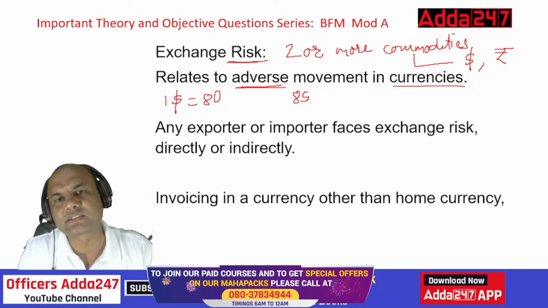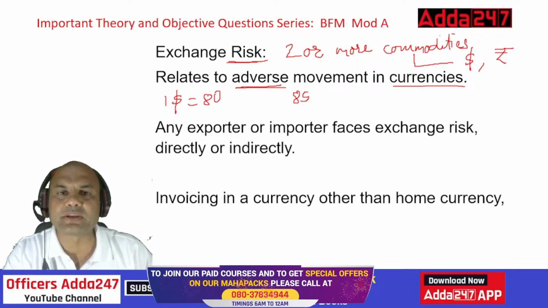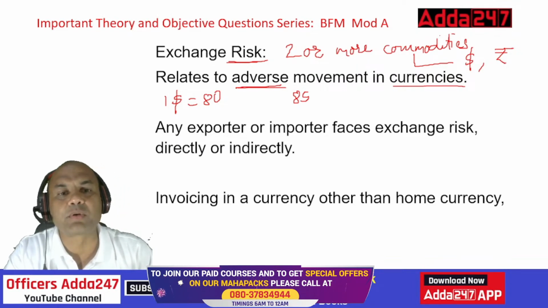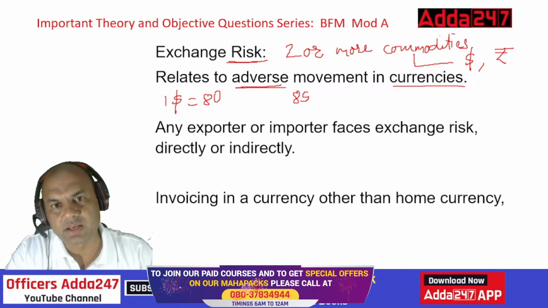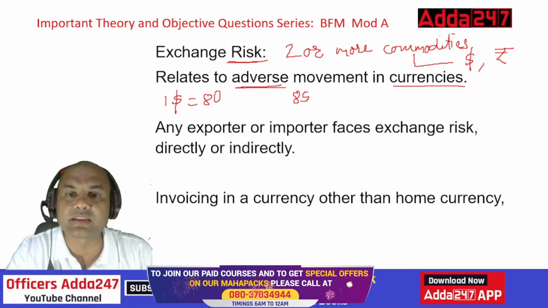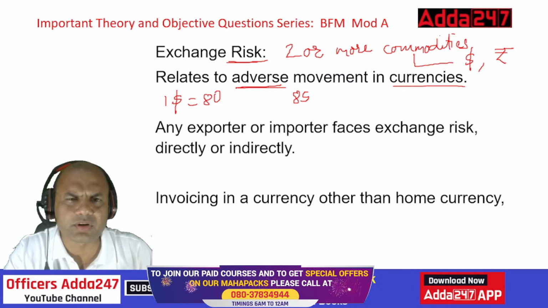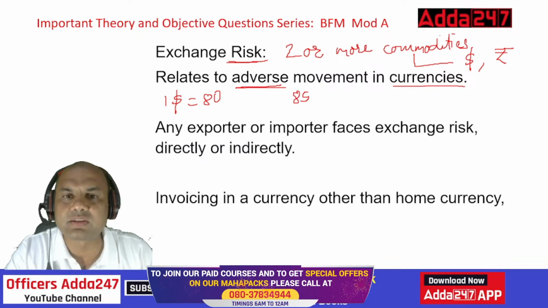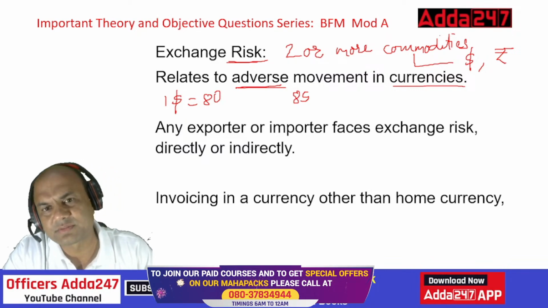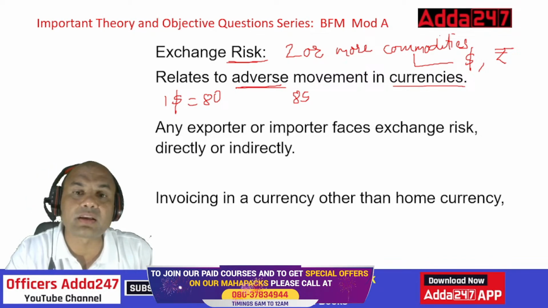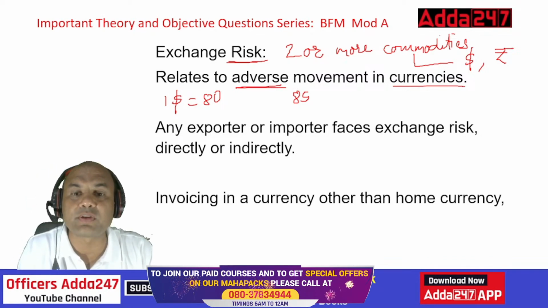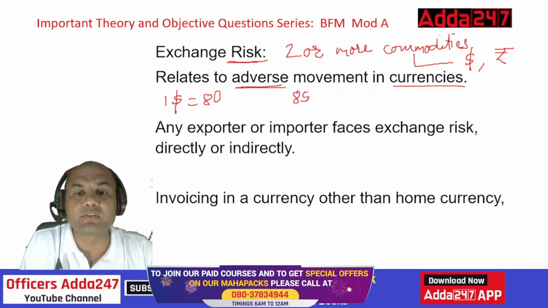So am I at risk? Just type yes or no in the comment section. I bought $1 at 80 and now the rate is 85. So I bought it and kept it with me. Now the rate is 85. Am I at risk? No, I'm not at risk because the dollar is favorable to me. This is known as a favorable position.